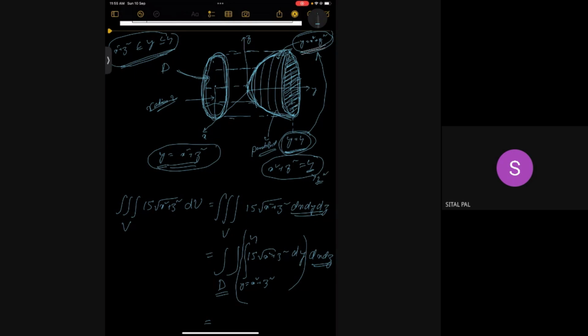Suppose z squared is equal to y minus x squared, so basically we are just manipulating the expression. Yeah, we're manipulating it.